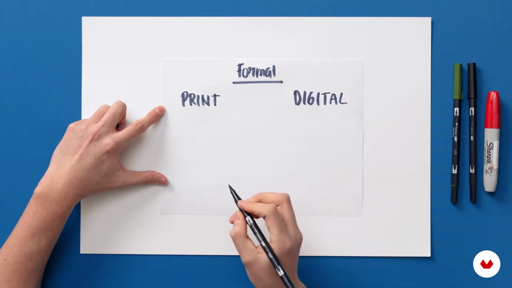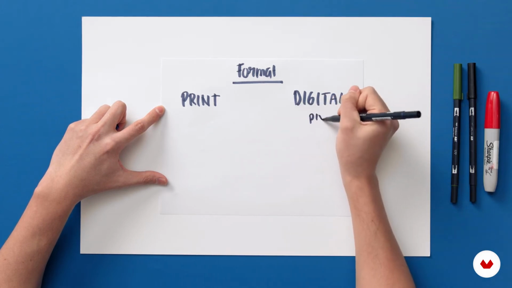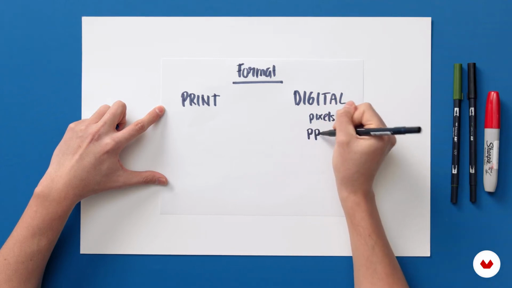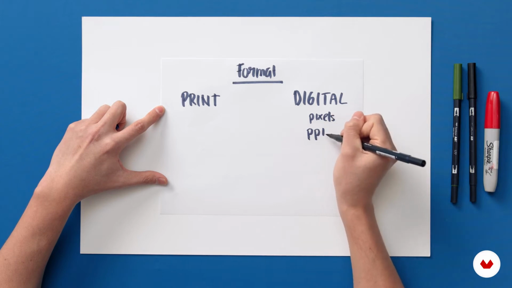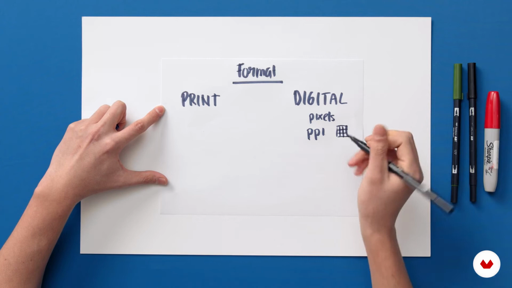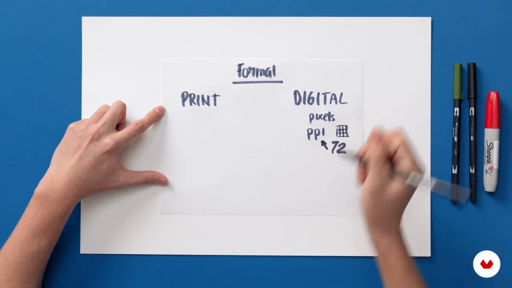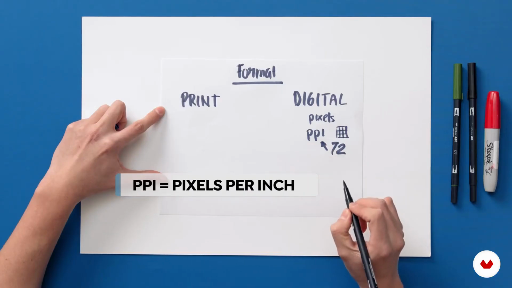The first thing is going to be measurement. This is going to be pixels, which in resolution is going to be PPI, which stands for pixels per inch. This is going to be your net. Most of the times, these go to 72 PPIs. This means we have 72 pixels per inch.